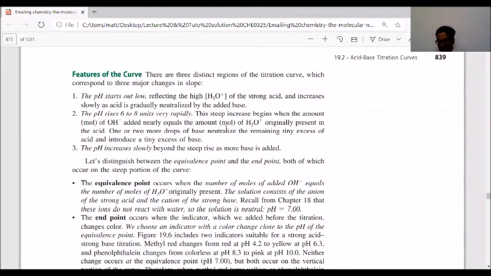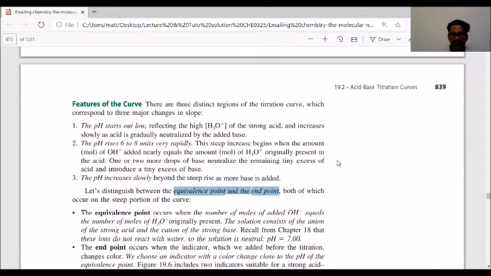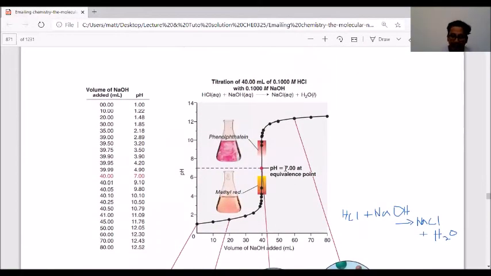Okay, there are two terms I mentioned before: equivalent point and the end point. What is the difference? Let's distinguish between the two points. Equivalent point is where, in this titration curve, 40 ml of sodium hydroxide is added.